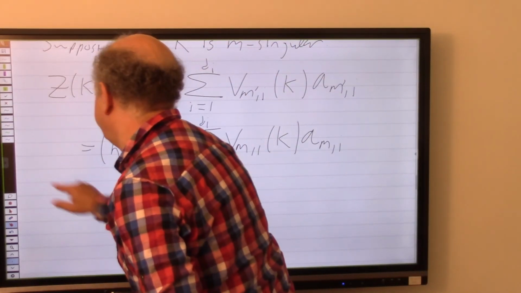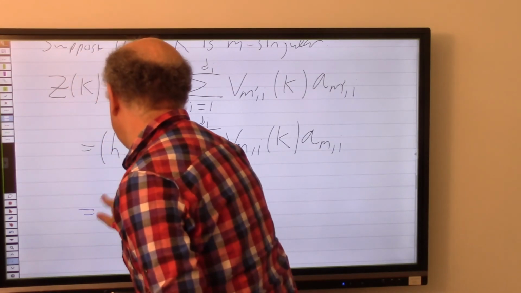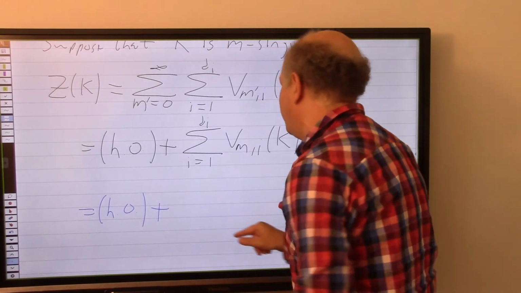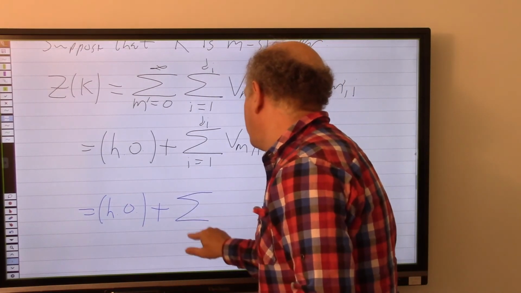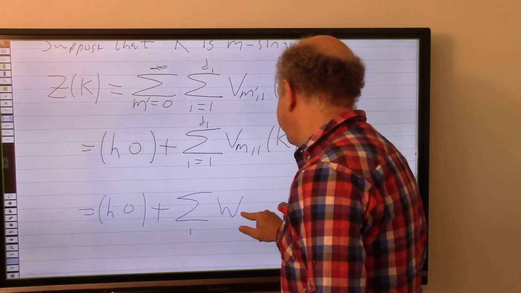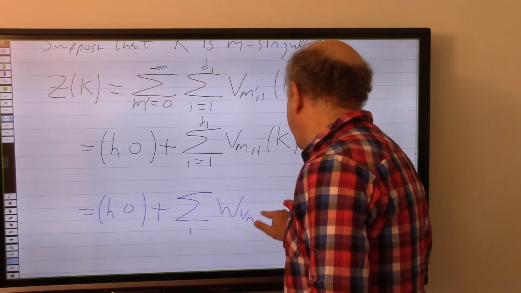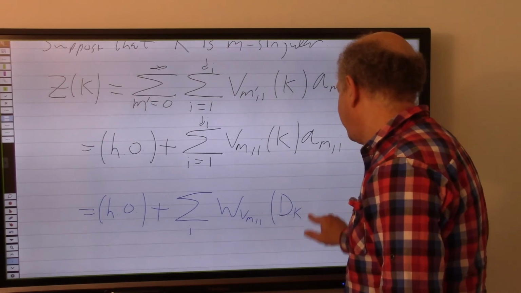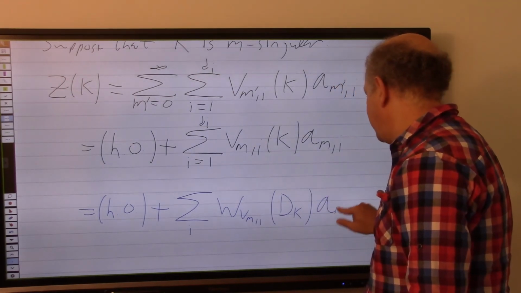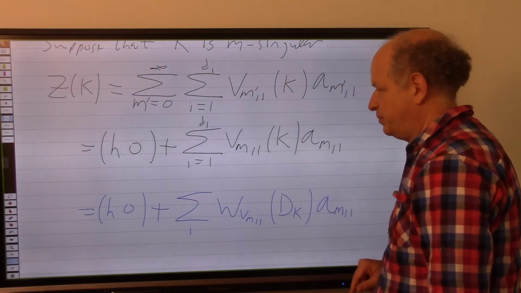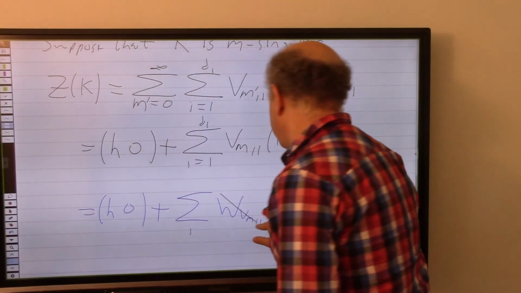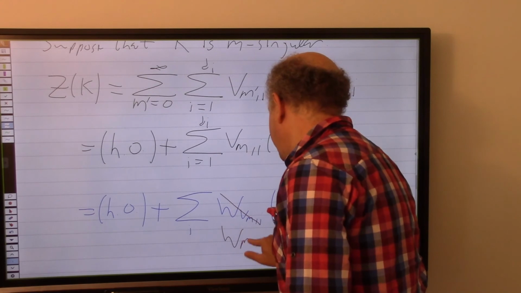Sorry, I'm running a tiny bit over time. So this is higher order terms, which I don't care about, plus a sum over i of the weight system of V_mi evaluated on the diagram of K times A_mi. But the weight system of V_mi is really W_mi.